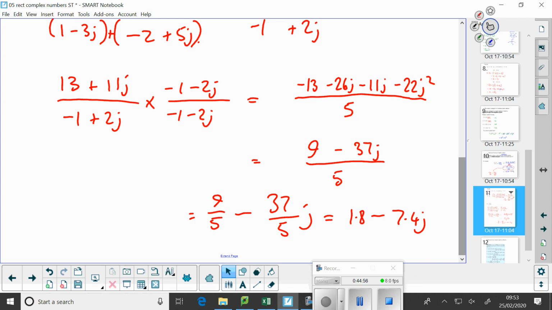And then on the last page of your handouts, there are some further examples for you to practice adding, subtracting, multiplying and dividing Cartesian complex numbers.